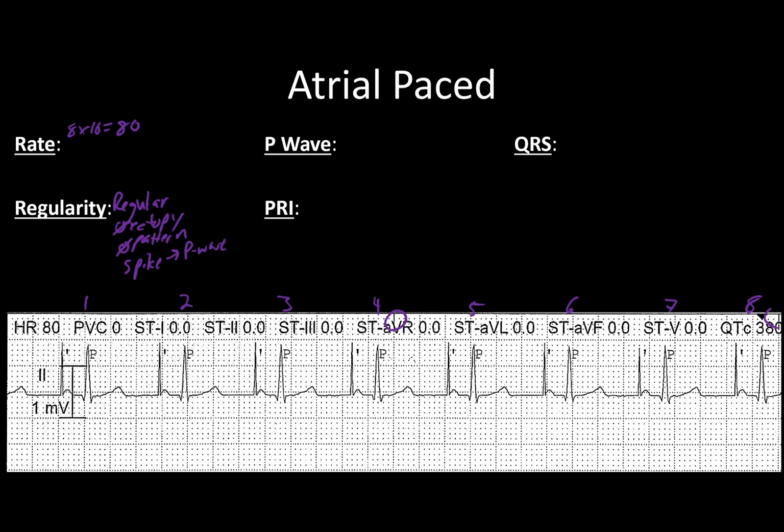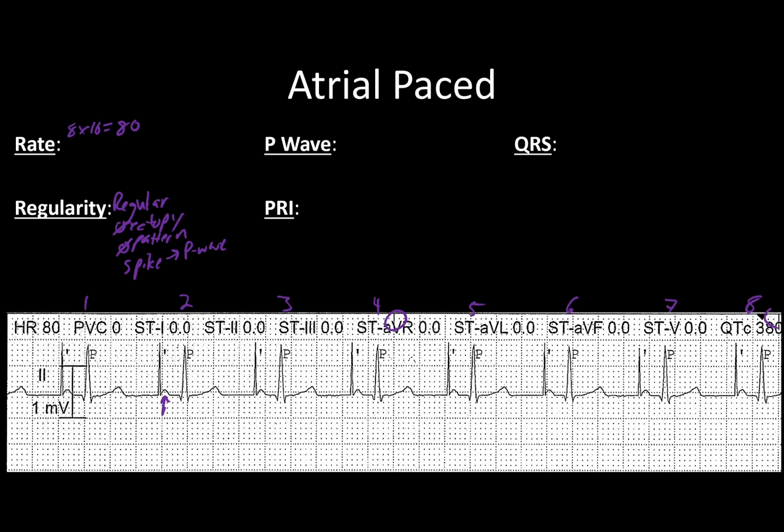And I do want to make mention that the reason why we take the time to say spike equals a P wave and things like that is sometimes you don't really see the P wave. Sometimes you just see a spike, there's a little bit of squiggle, and then a little bit later a normal QRS happens. And that's common with atrial pacing, as you may not always see that P wave big and clear. It's one of the reasons why I picked these strips, so that you could see that P waves are actually generated by atrial spikes when they do occur.